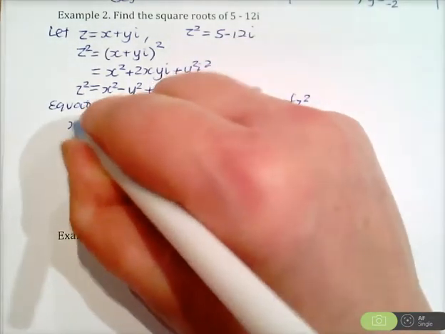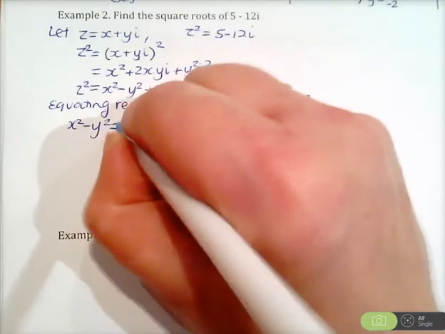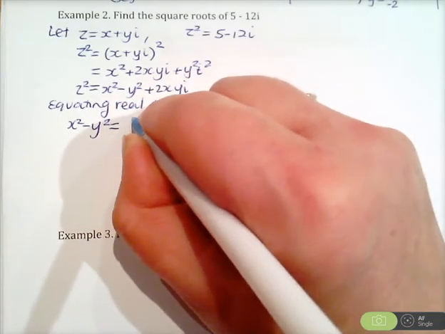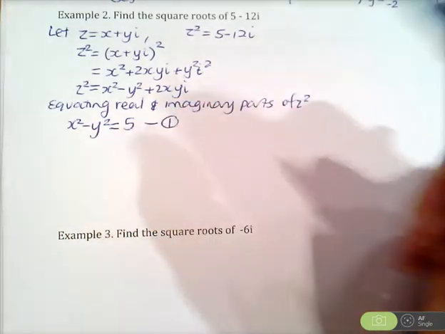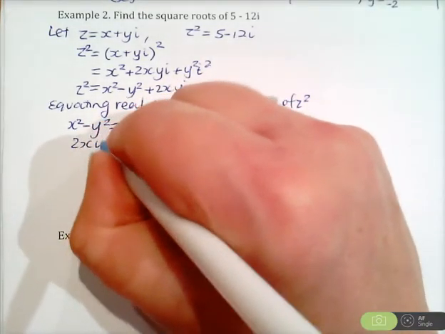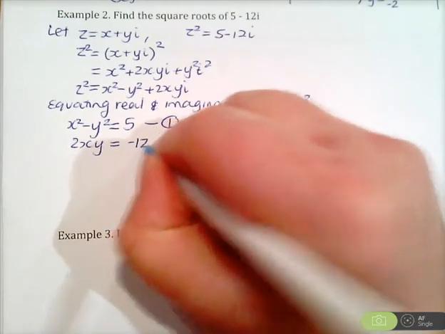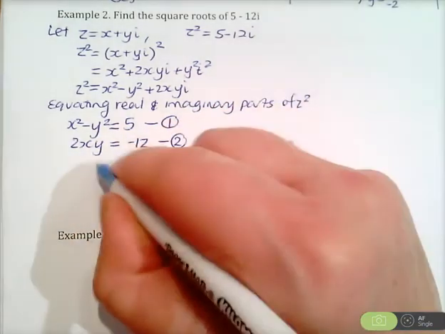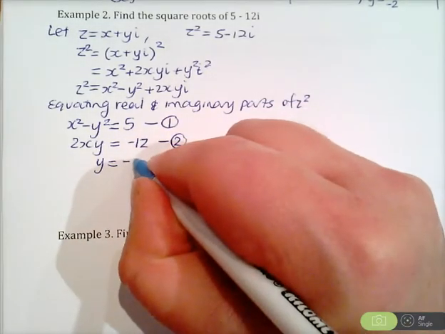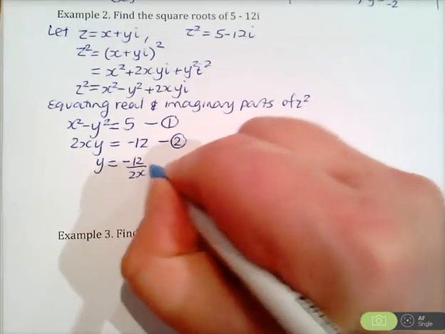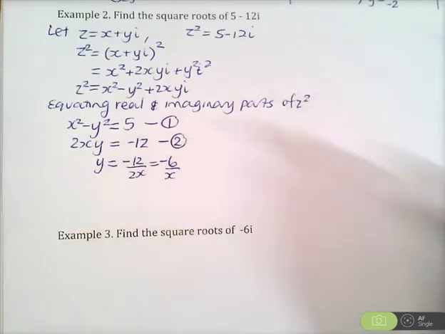You would get that x squared minus y squared equals 5. And we can call that equation 1 now. And we've got that 2xy is equal to -12. Call that equation 2. Rearranging that, we get that y is -12 on 2x, which happens to be -6 on x.